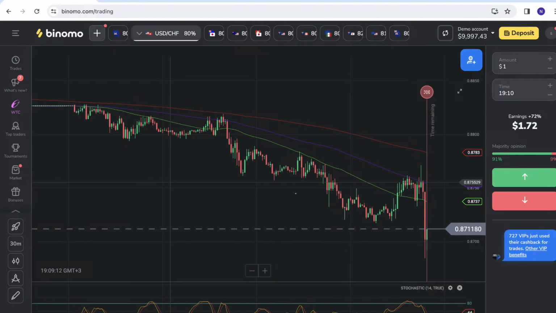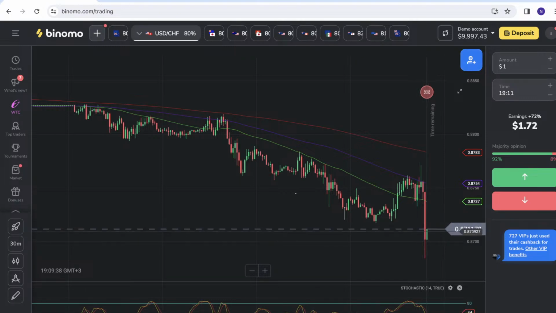Stochastic is an oscillator that shows us overbought and oversold areas. In stochastic, we see the 80 level, the 20 level, and also this red or green line. These stochastic lines have a mathematical formula and move when price changes.